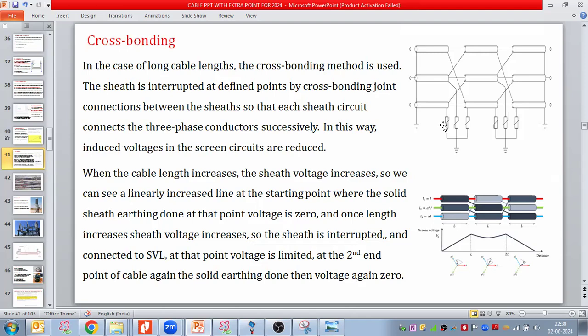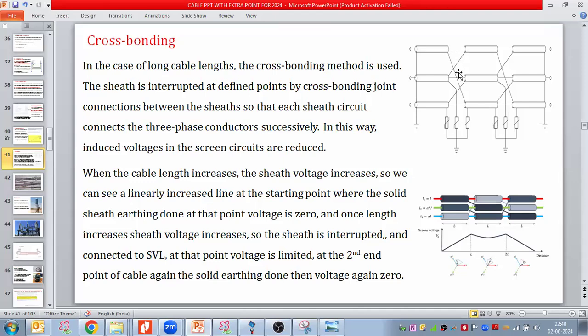In this image, sir, the first SVL is there, no? The second portion of the bonding cable, will it be connected or not? It will break.